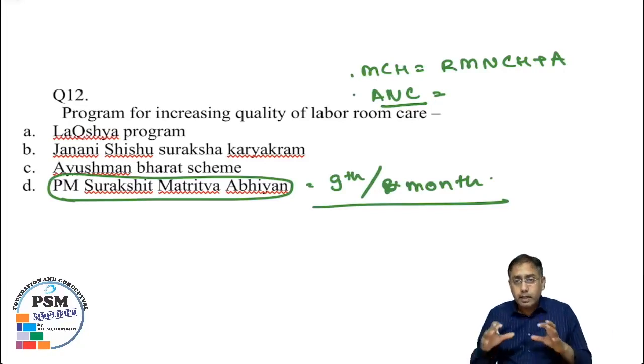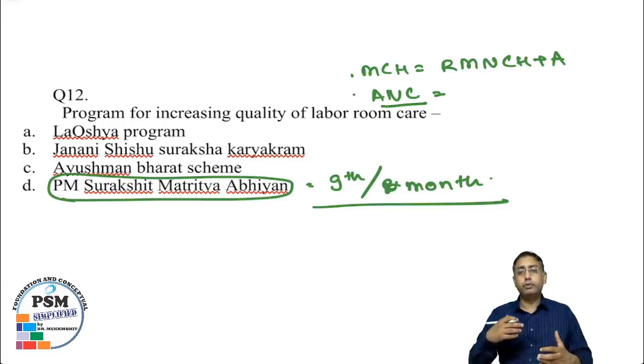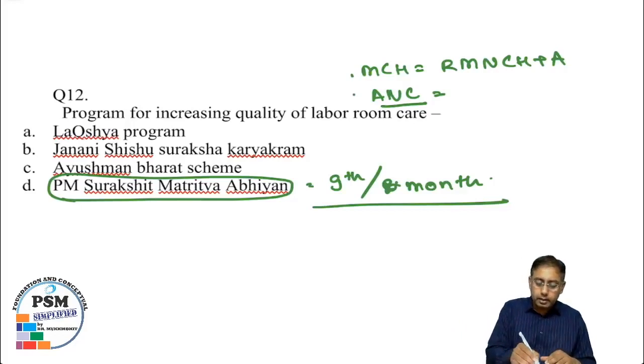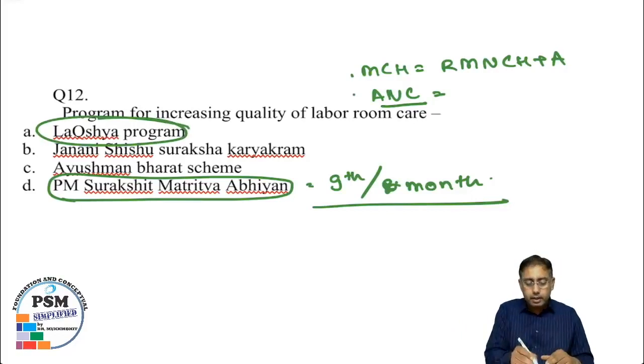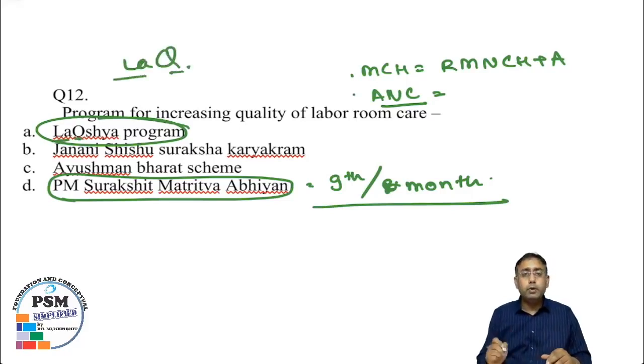The quality of the labor room, how good the labor room facilities are, how good the trained staff is, how many instruments and devices there are. All these are being tackled under the Lakshya program, the Labor room Quality improvement Assurance program. So that is the Lakshya program.